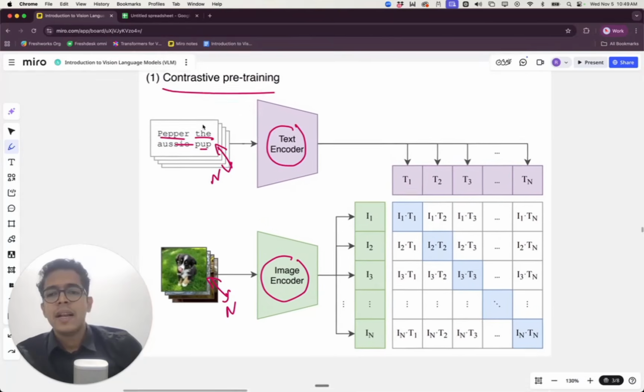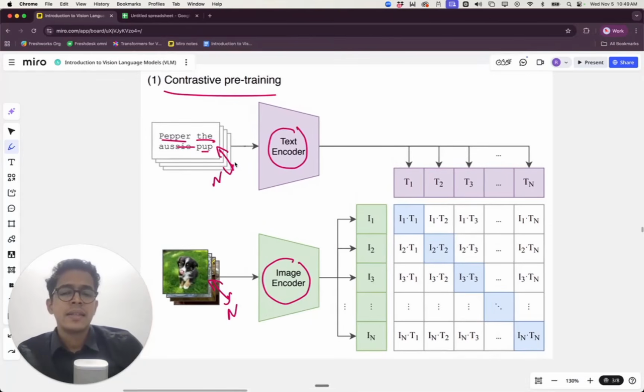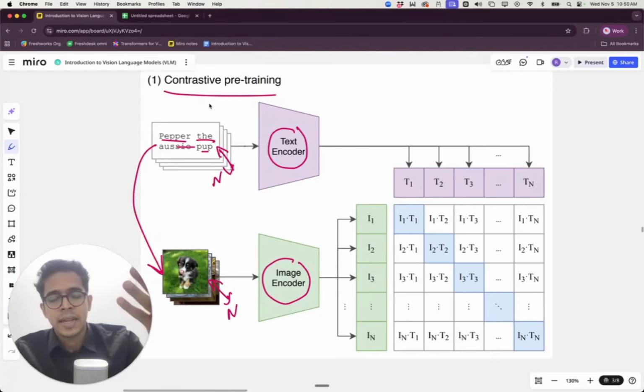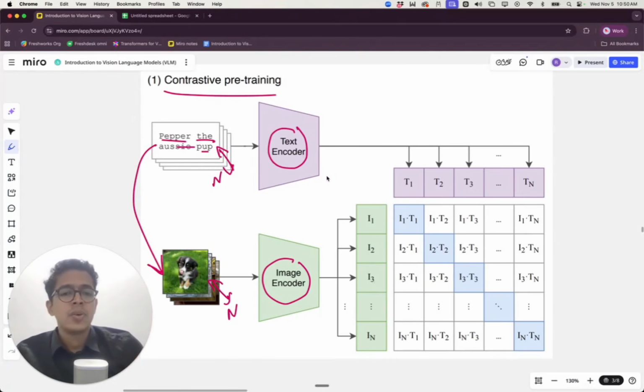Similarly, you will have n texts. These texts could be captions of these images. So this could be the caption of the first image. The second item would be the caption of whatever is the second image. So you will have n images and n captions. I'm just giving an example. Now these n captions, which are text, can be converted into n vectors.